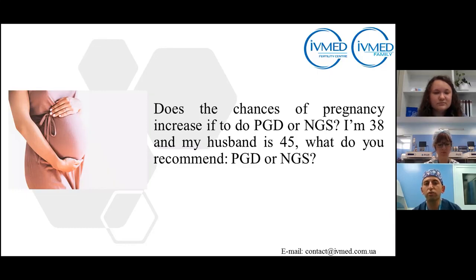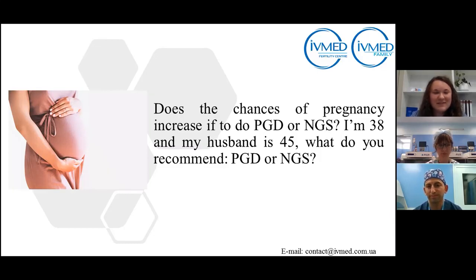But if they are using it only for the purpose of knowing, for example, the sex, or the main chromosomal aneuploidies or anomalies which are responsible for abortion, for trisomy, then PGD 5 or PGD 9 chromosomes will be totally enough. But again, from my personal perspective, I always prefer NGS technology because it gives us much more information.